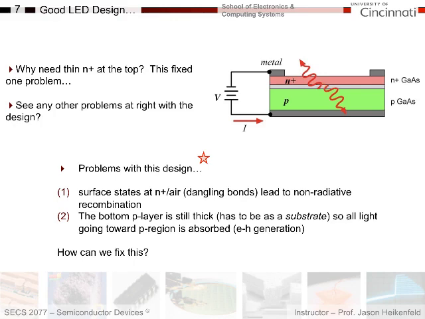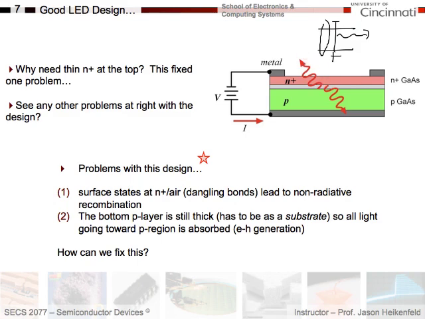Because the emission will be greater than the band gap energy, right? If I've got a band diagram and I have an electron recombine with a hole and I get a photon, by definition, that photon has energy greater than the band gap energy. So that same photon could also be reabsorbed to generate electron-hole pairs. So I want to make this layer as thin as possible to get the light out.